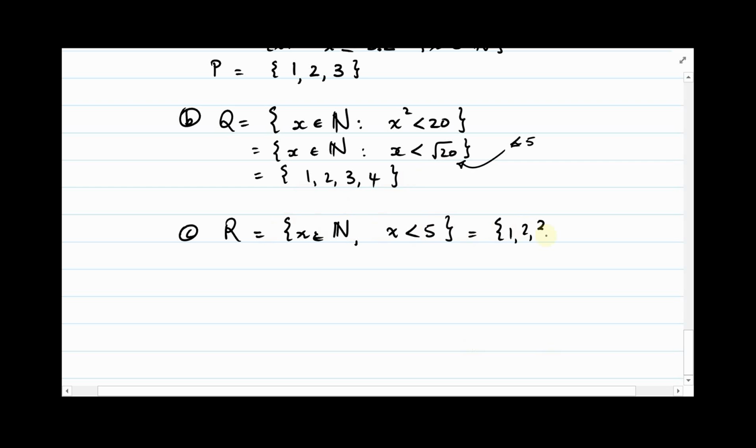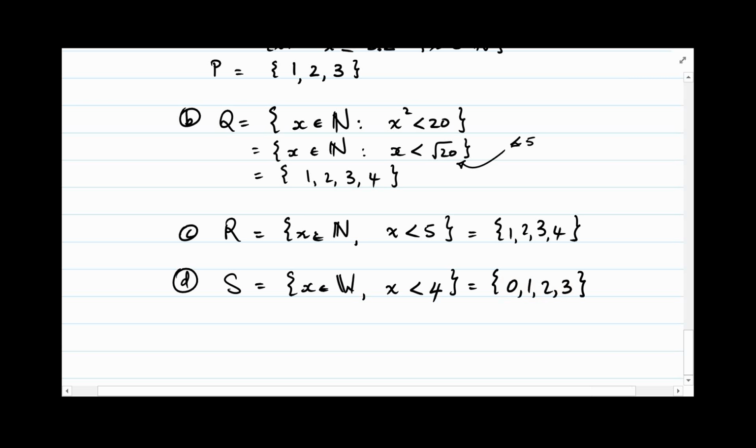We again get 1, 2, 3, and 4. Taking a new set, set x is a member of the whole number system. If I have instead x is less than 4, or I'm making this up as I go along. So yes, x is less than 4, then I would have the whole numbers start at 0. So 0, 1, 2, and 3 is what we have.